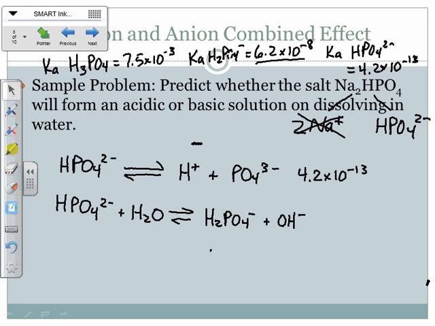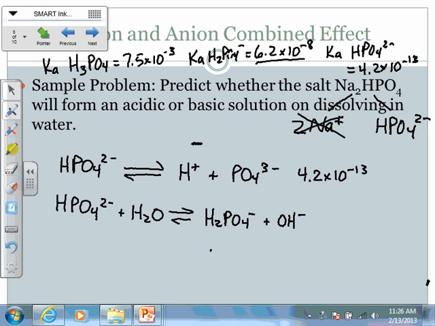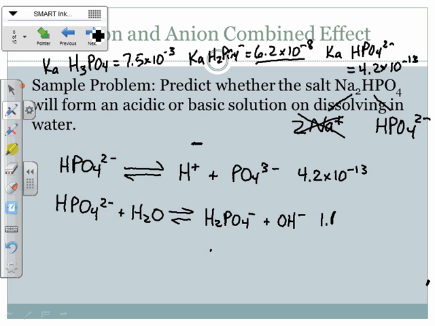That gives us a Kb of 1.6 times 10 to the negative 7th. Okay? So obviously, the bottom one has the bigger K. So this bottom equation is the one that's going to predominate when we put it in that solution.